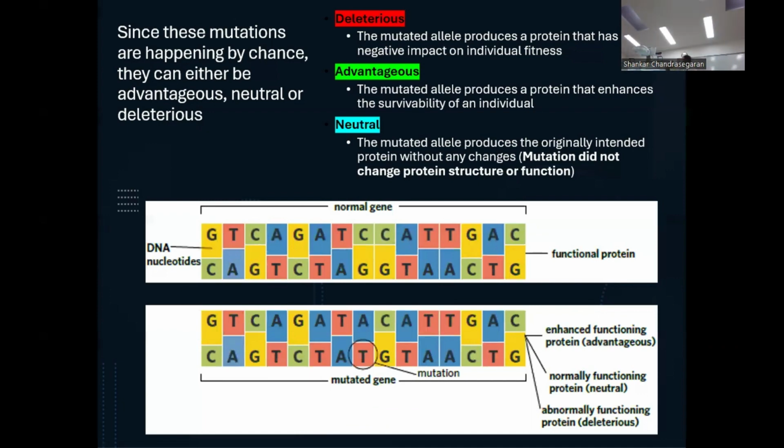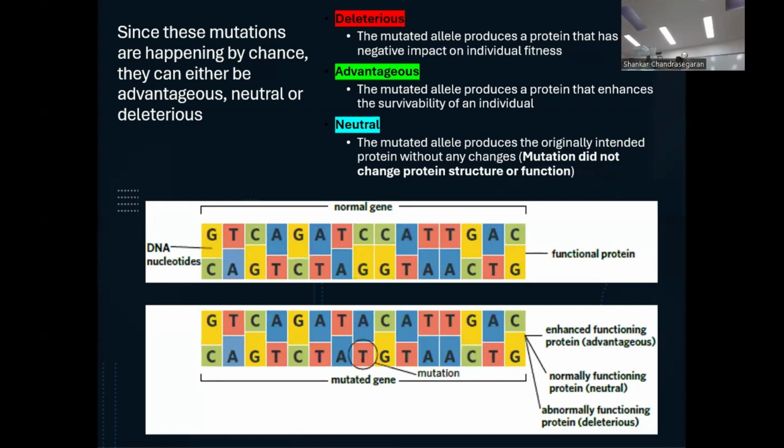Okay, so when we think about mutations, since they're happening by chance and there's no control of where or how it's going to happen, there can be three versions that can happen in terms of mutation. One is a deleterious mutation. This is basically where the mutated allele is suddenly producing a protein that is going to have a negative impact on the individual.